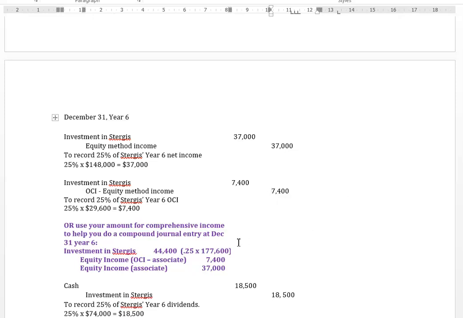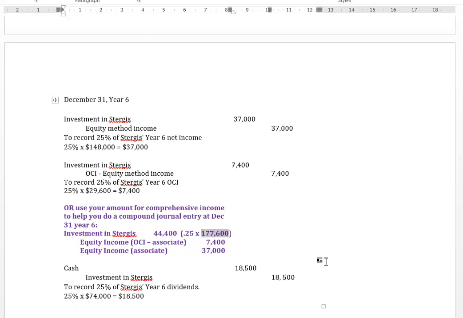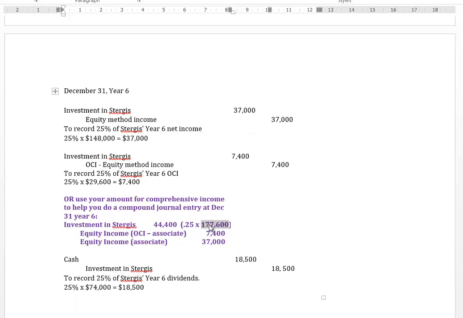Now again, you could use your comprehensive income amount here if you so chose, and said, well, I'm going to increase my investment in Sturgis by $44,400, which is my pro rata share of the entire comprehensive income. And how does that comprehensive income of $177,600 break down? Well, it breaks down into a couple of different pieces.